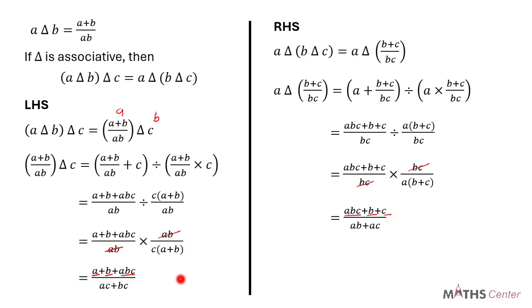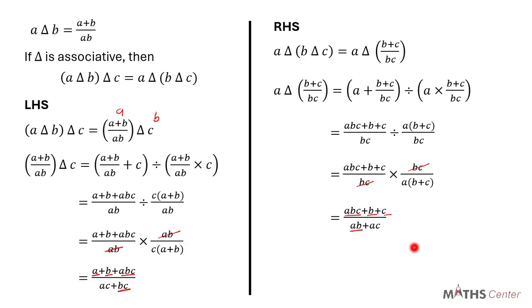So this shows clearly that what we have on the left hand side is not equal to what we have on the right hand side. The same goes for the denominator. If you compare the denominator on the left hand side to the denominator on the right hand side, they are not the same. On the right hand side, we have AB here, but on the left hand side, we have BC.